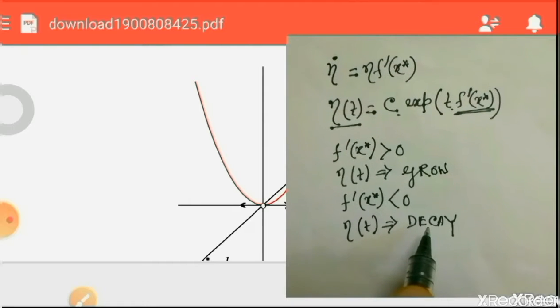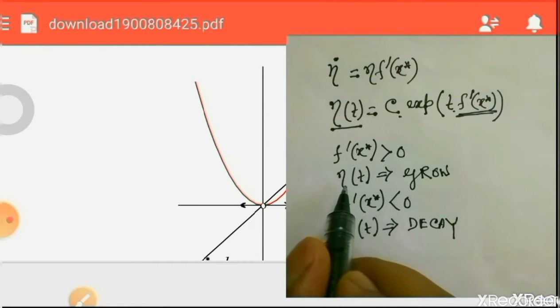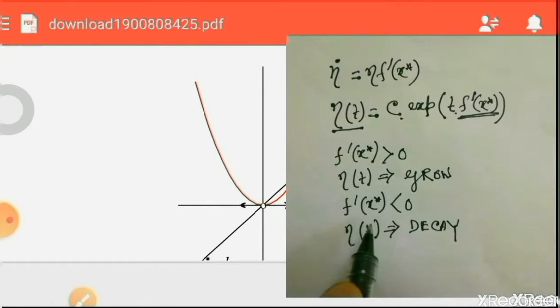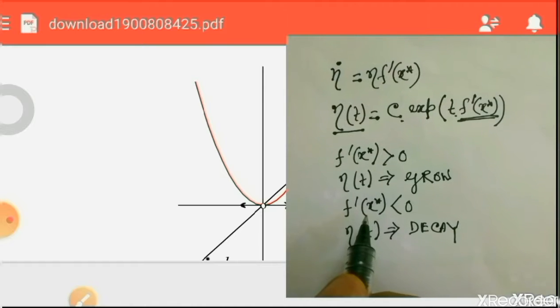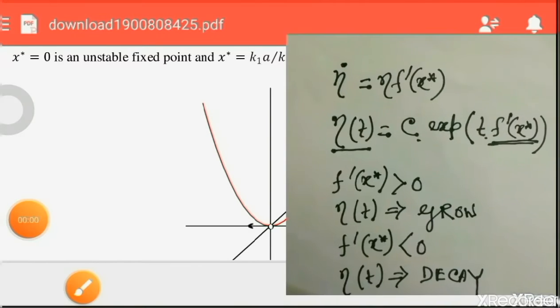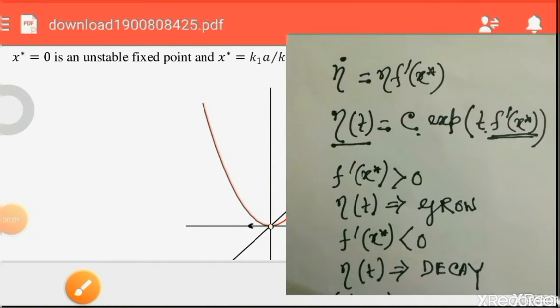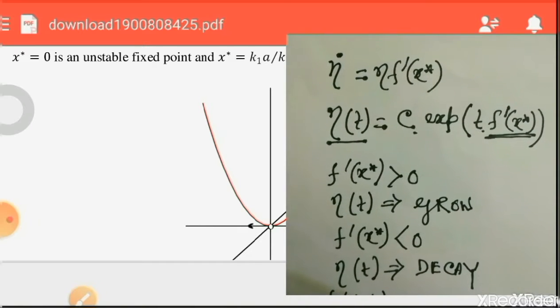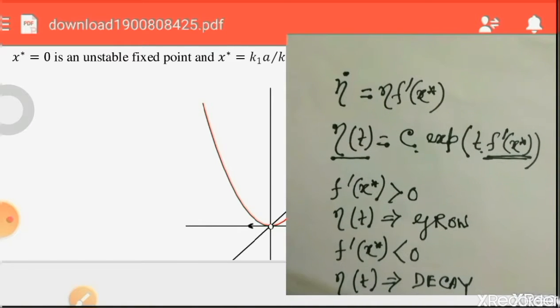This means that when the perturbation grows, the fixed point is an unstable one, and when the perturbation decays, the fixed point is a stable fixed point. In this way, we can check the stability of a fixed point by linear stability analysis.